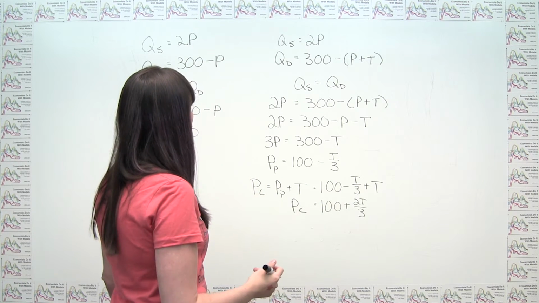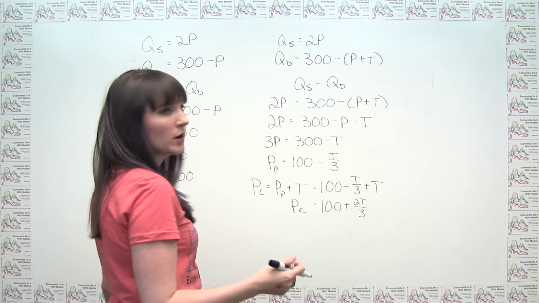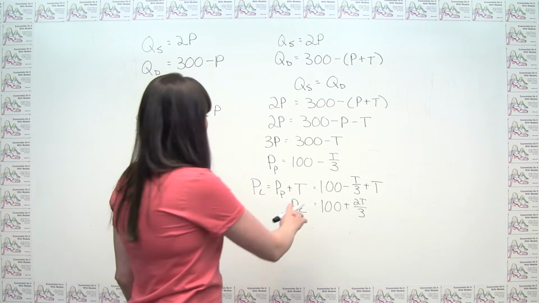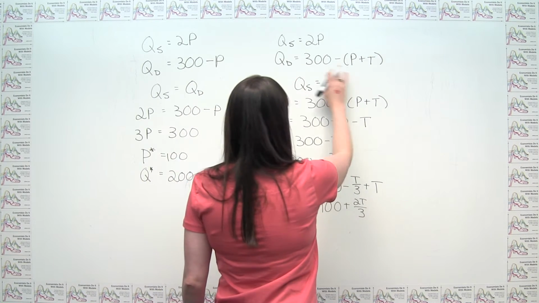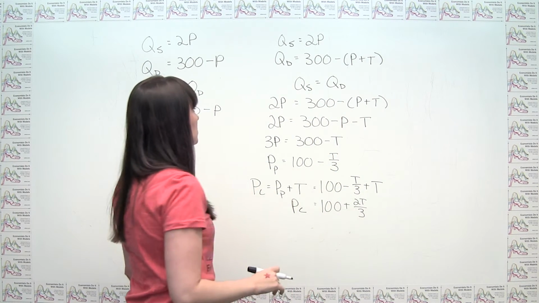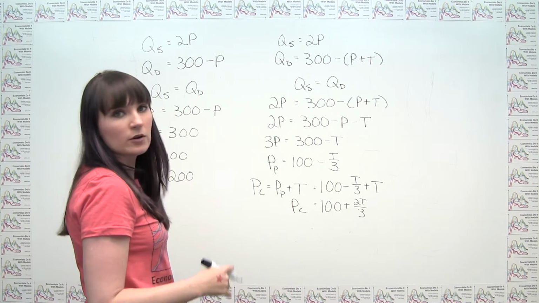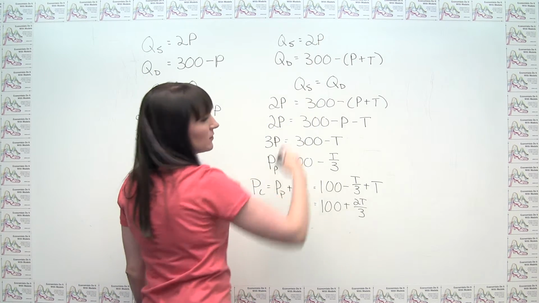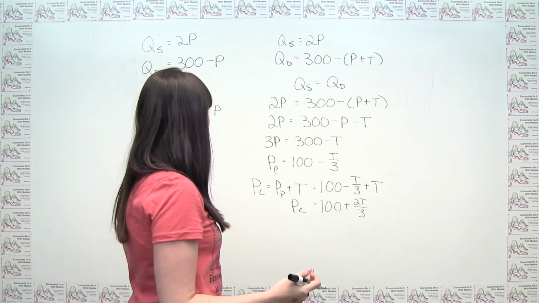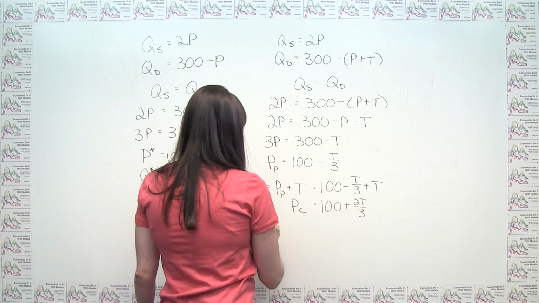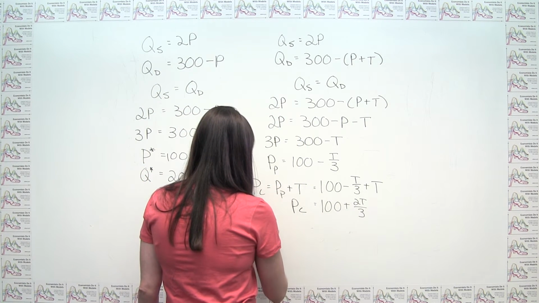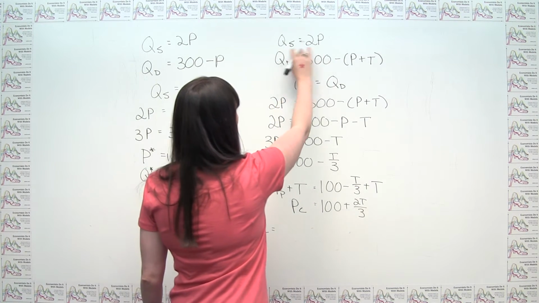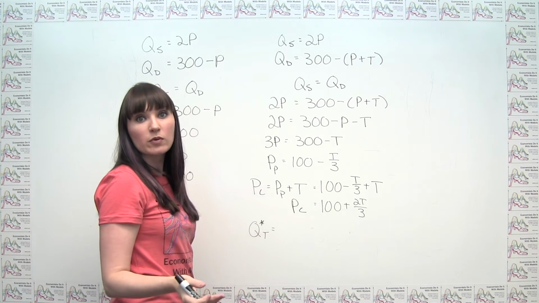And as a last step, we could go through and figure out what our quantity transacted with the tax is. To do that, we want to come back to here and think about either our quantity supplied or our quantity demanded. It's probably easier to think about this guy, because all we have to do is multiply by 2. So we just have to remember that our Q star sub T, if we're finding it from the original supply curve, make sure we plug in the right price.